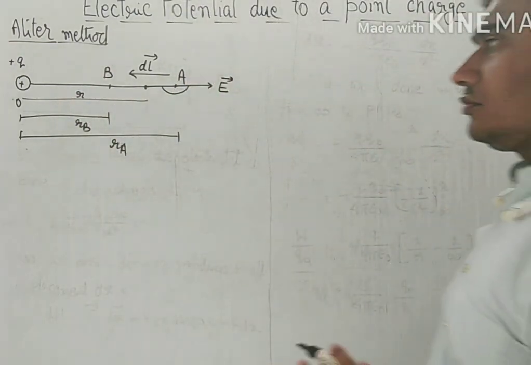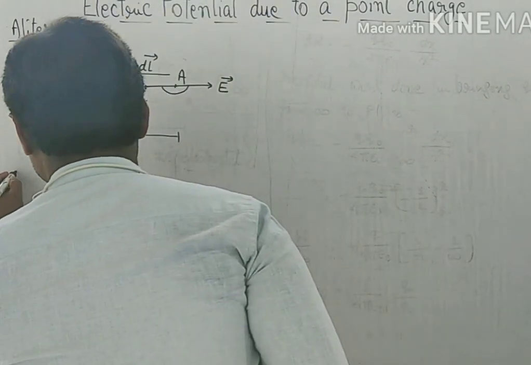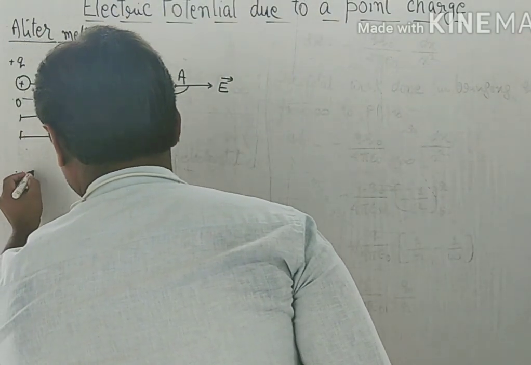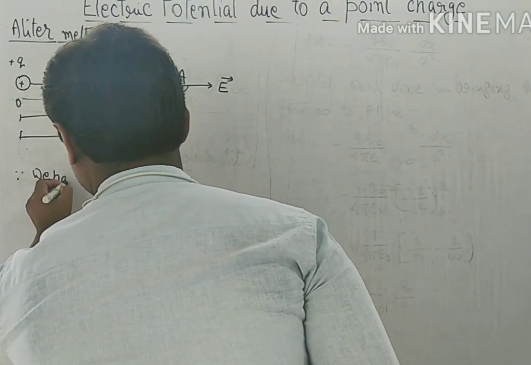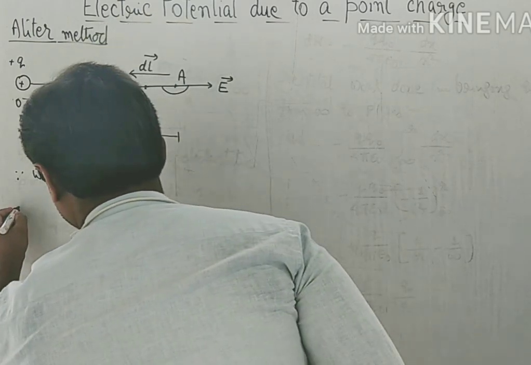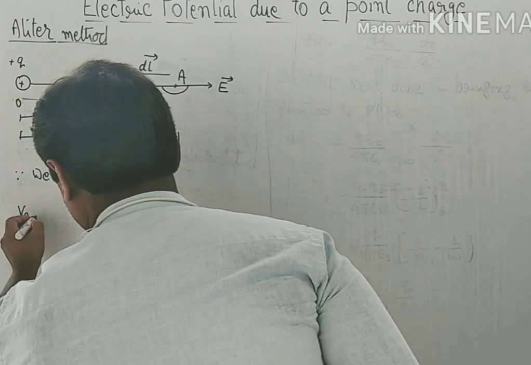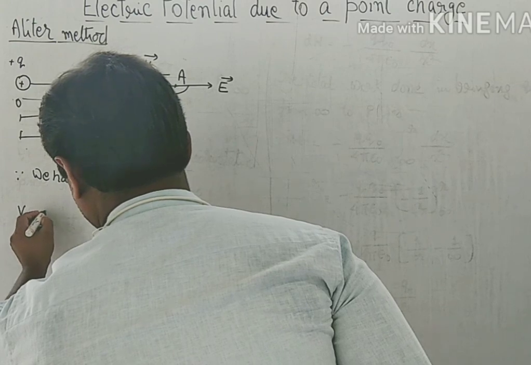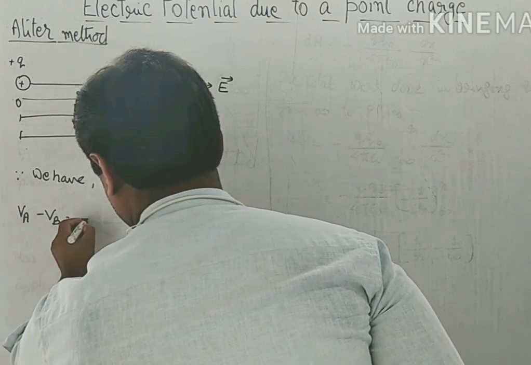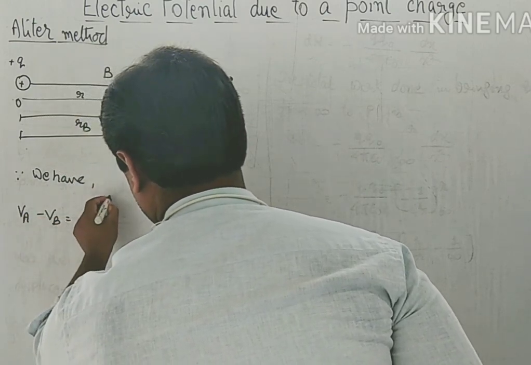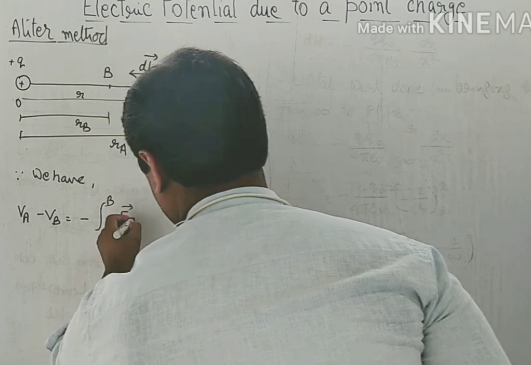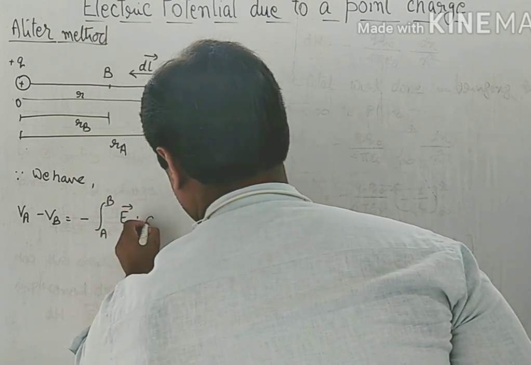Fine. So here, what do we have for the potential difference? VA minus VB, which is equal to minus integral from A to B vector E dot dl.